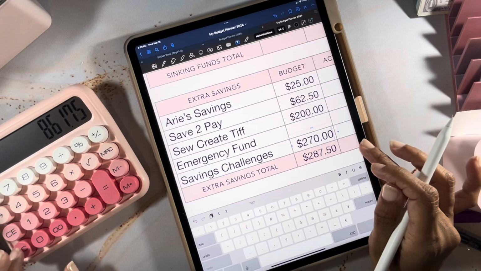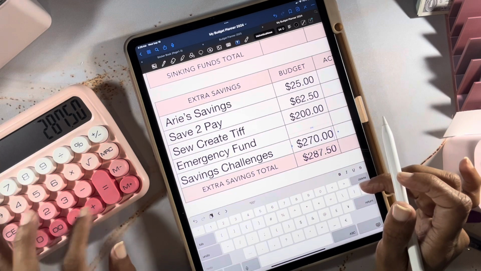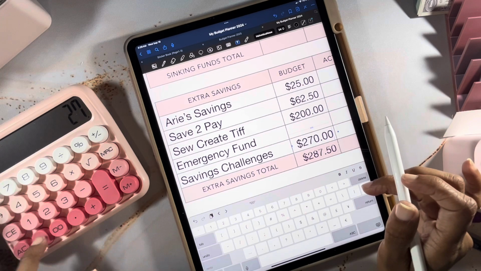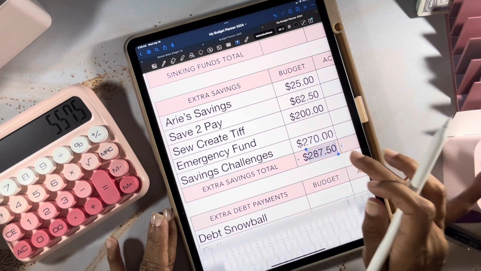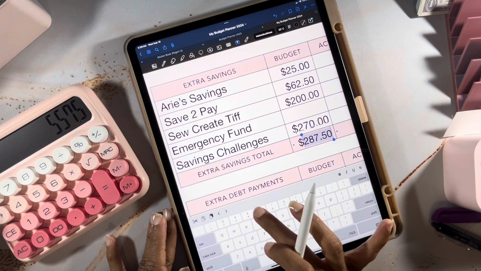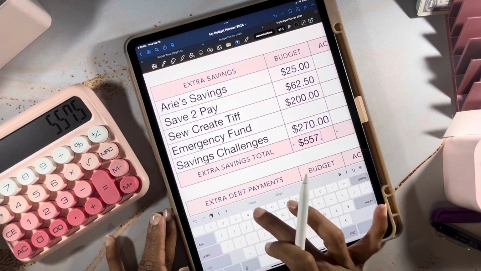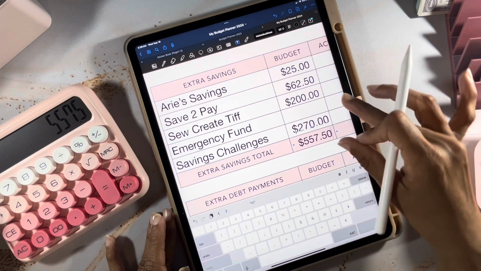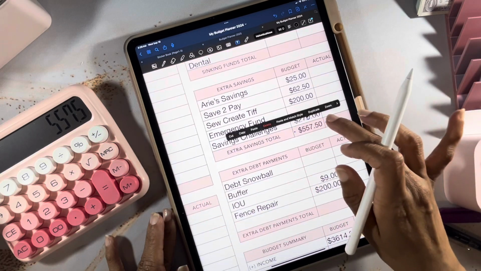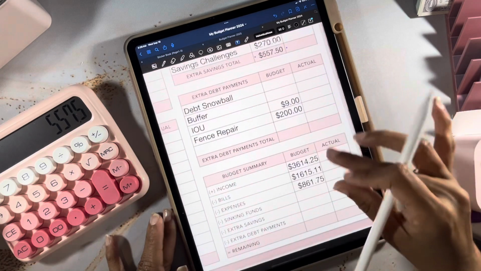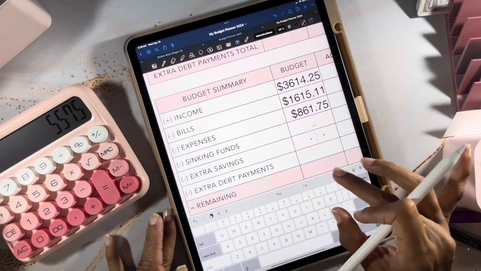So let me go ahead and we're going to say 287.50 plus 270, and that's going to give me 557.50. Okay, so that will be my total for the extra savings.